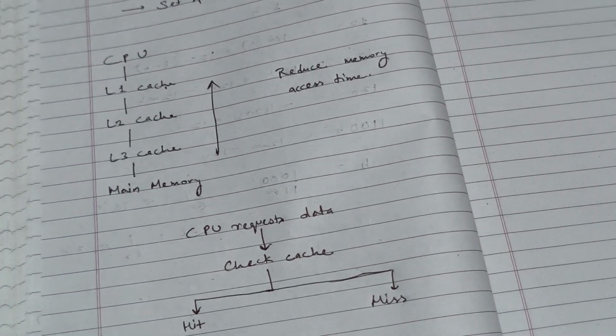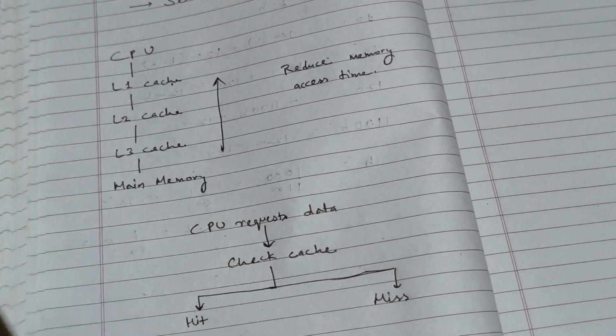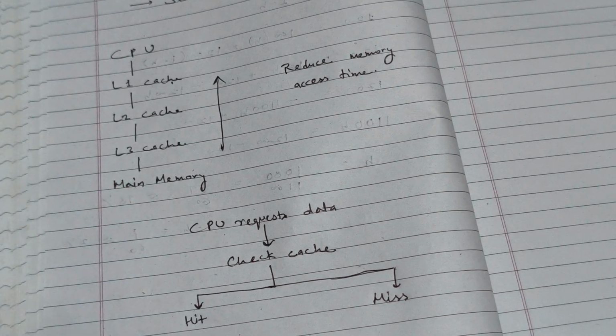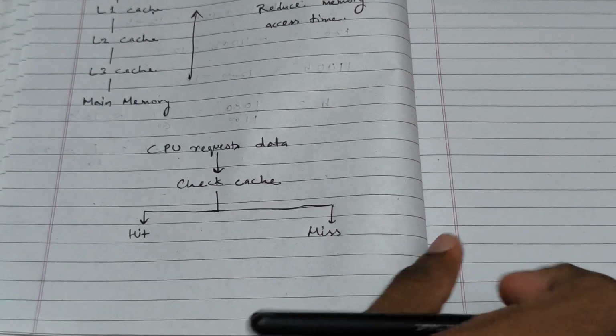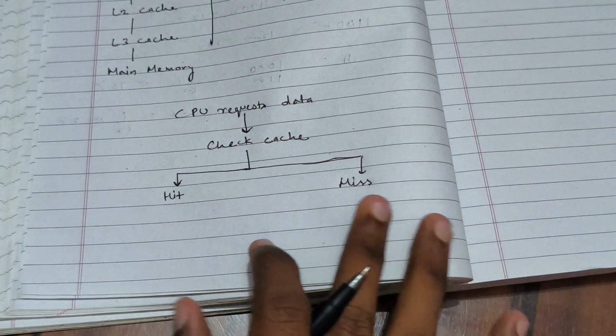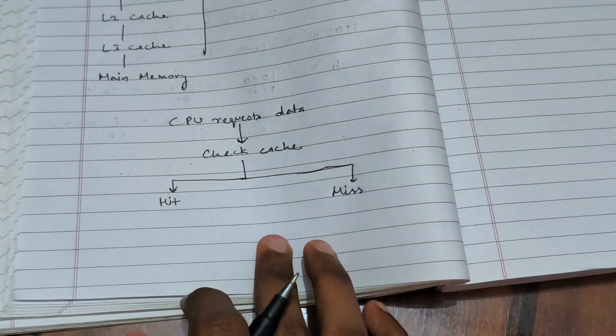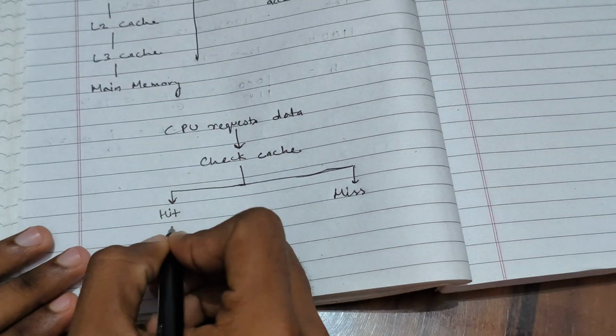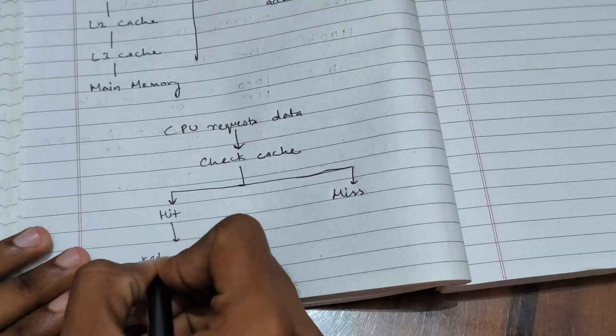Now we all know what would happen if the data is found: it would just return the data, and the execution would be performed. In case the data is not found, we would go to the lower level of the memory, that is, we would fetch the data from main memory. Cool. So yes, in case of a hit, just return that data.